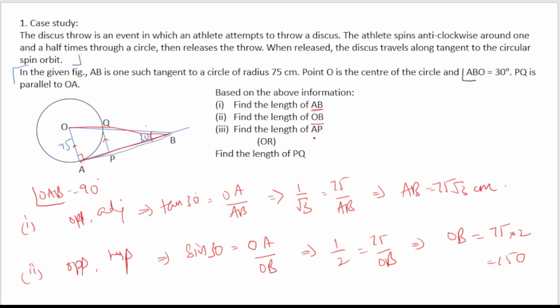Next one, find the length of AP or find the length of PQ. AP is this one. We have to find the length of AP or PQ. We will draw the triangle here again. This is 90 degrees, this is O, this is A, this is B. This is PQ, this is P, this is Q. Radius is 75 centimeters, OQ is also a radius, 75 centimeters, and the angle given is 30 degrees.